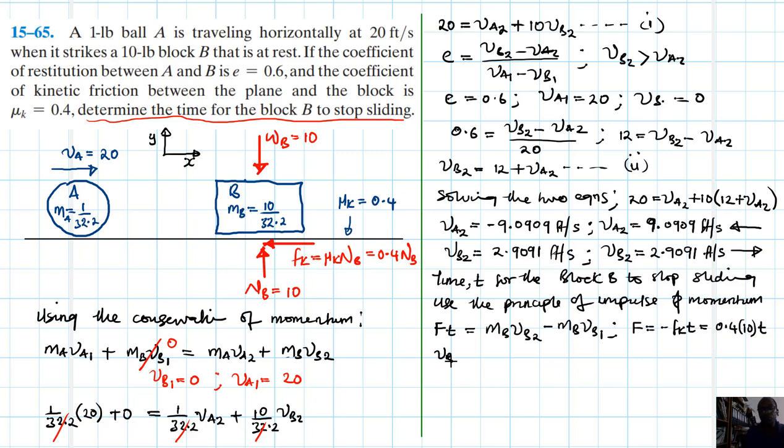And VB2, since it's coming to a stop, is going to be equal to 0, and the initial velocity is just 2.9091.